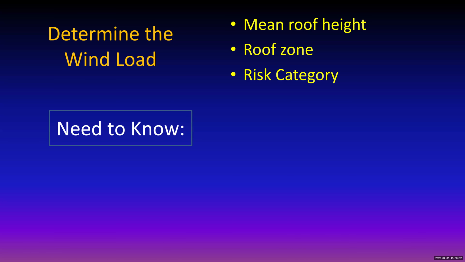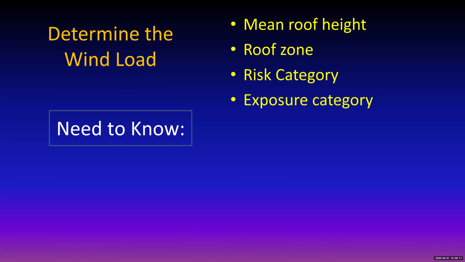Risk category 3 is a little stronger, like a hospital or something. And risk category 4 is where you absolutely can't let this place get damaged. That's where your control center is for hurricane or tornado, where that building can't be penetrated by any means.